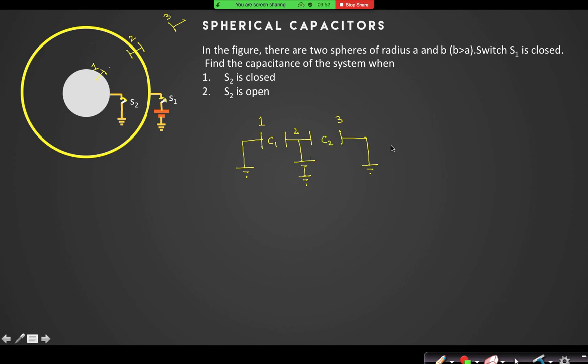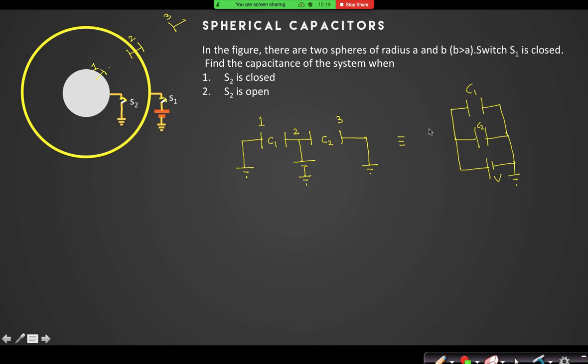Can I find an equivalent network for that circuit? Can you see the C1 and C2 will be in parallel, yes or no? Yes, sir. Parallel. C1 and C2 will be in parallel, and there will be a battery like this. Can I say this is my circuit equivalent network?